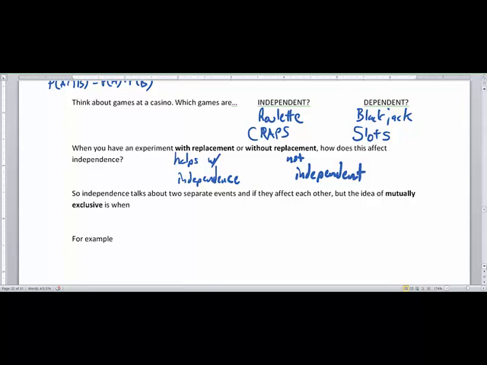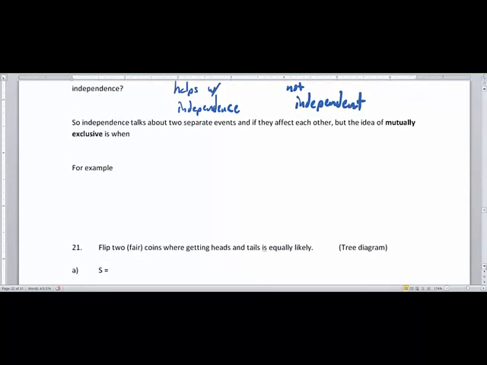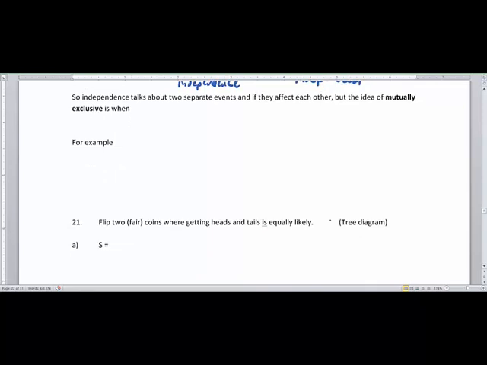Now, mutually exclusive. We've got to basically debunk the idea that independent is mutually exclusive, and it's not. Independence talks about two separate events. Okay, so rolling the dice twice or picking 2 cards from a deck for your Texas Hold'em hold cards.